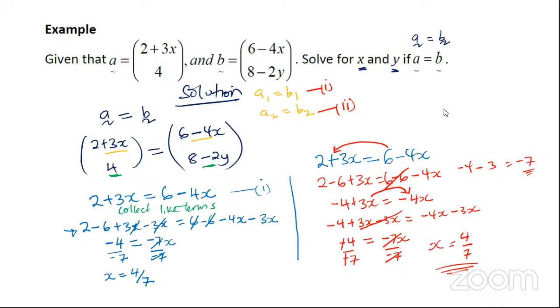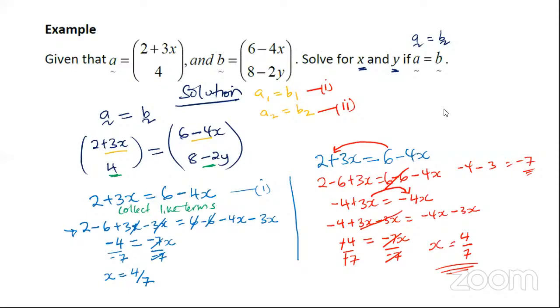Teacher, I got 7x out of 4. Pardon? I got 7x out of 4. From where? Like x is equal to 4 out of 7. Like you got the same answer with us? Yeah.